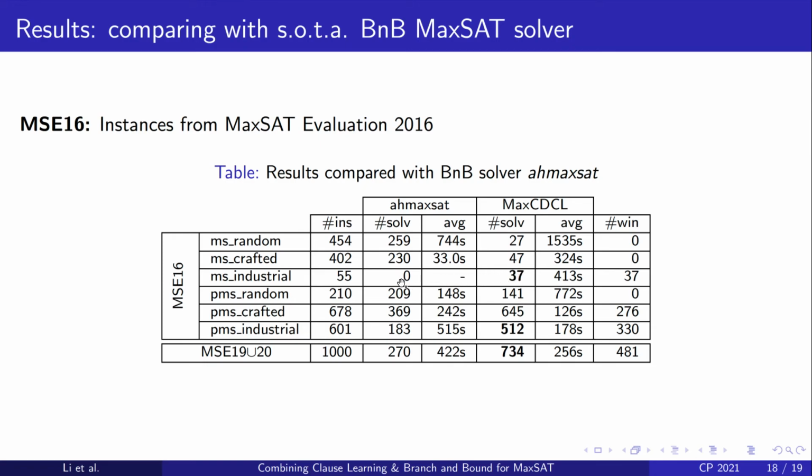This row here, 37 compared to 0, and this row here, 512 compared to 183, and also it is much better for the dataset of the last evaluations. On the other hand, MaxSatz is better at solving some random and crafted instances, as we can observe, for instance, here. And this is because MaxSatz makes a more intensive use of bounding techniques.